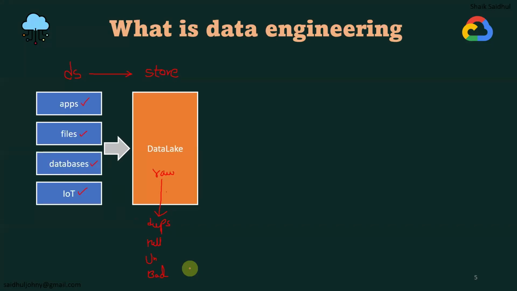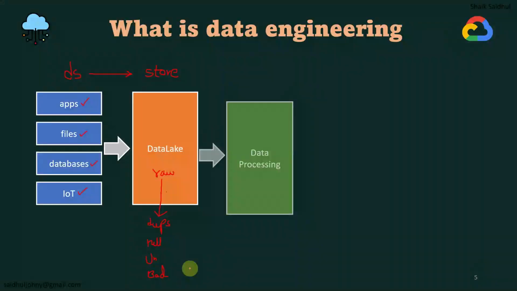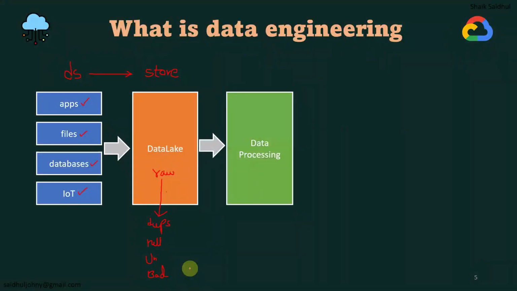So the next thing that we are going to do is data processing. We want to process and transform this data so that we can make the data ready to be analyzed, or make use of this data in the proper format.